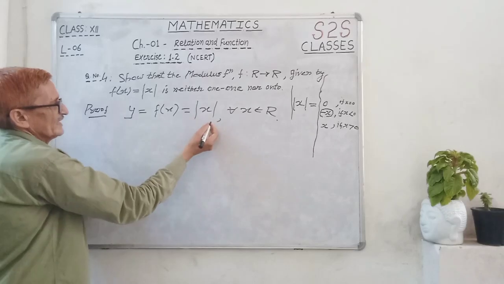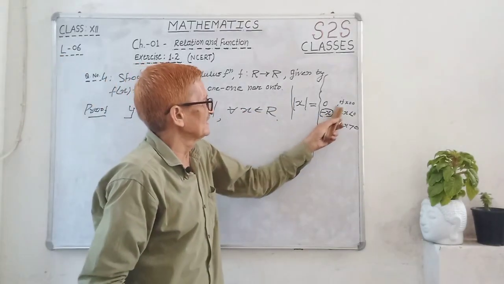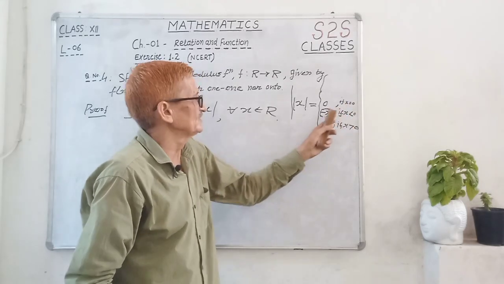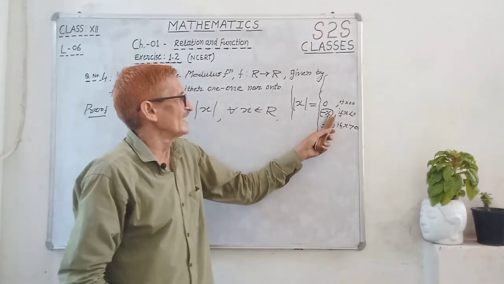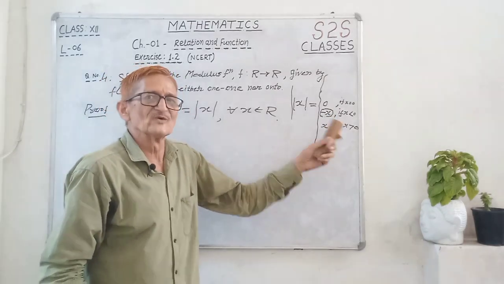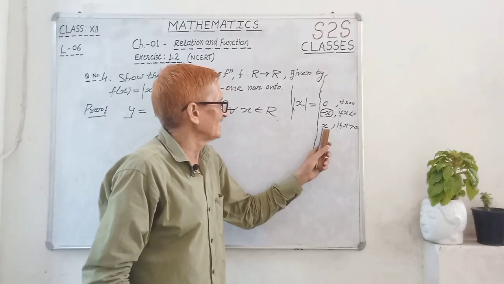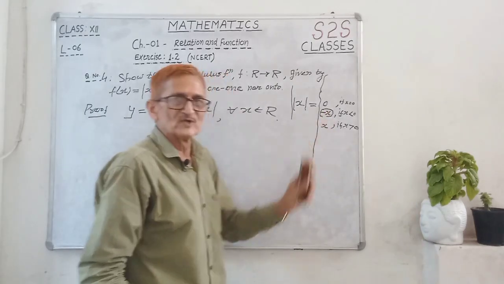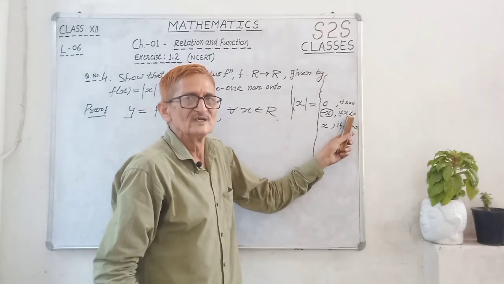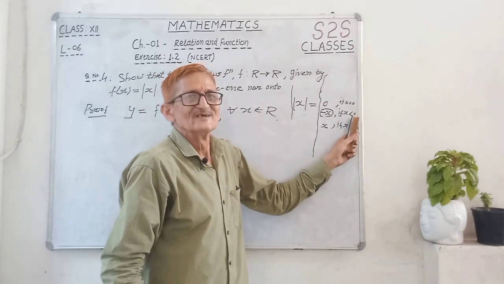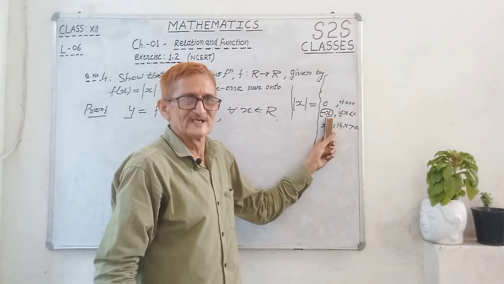Now, the value of the greatest integer x: three cases are there. If x is equal to 0, then 0. If x is less than 0, any real number, then minus x, meaning minus of minus, plus x, is positive. If x is greater than 0, any real number, then x as it is, positive. So both are positive. Minus x is also positive, because x is negative in this case.